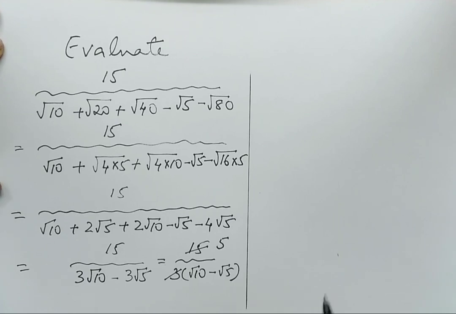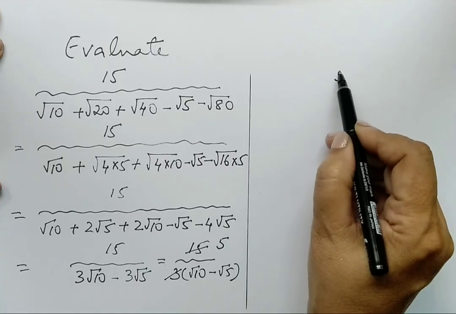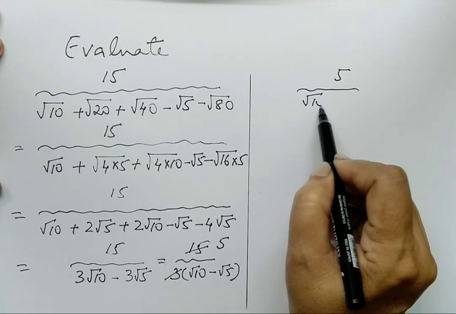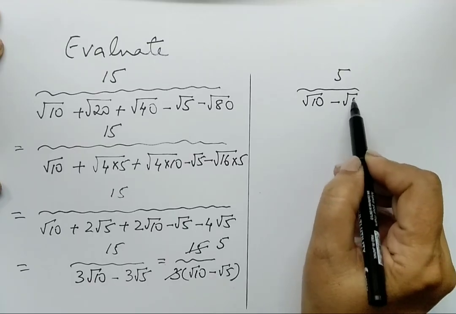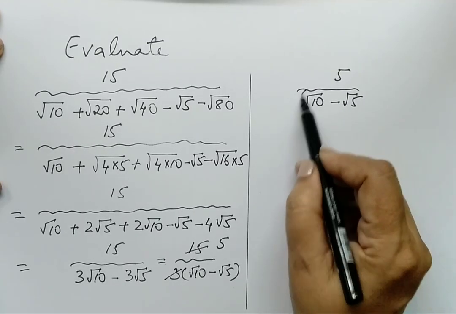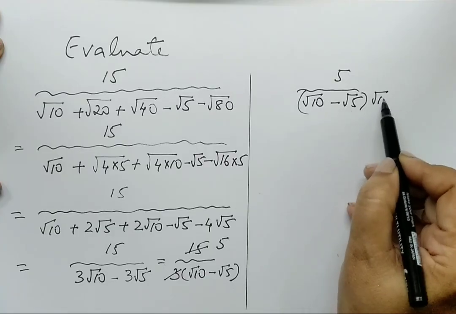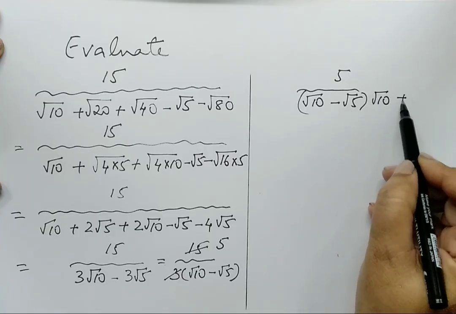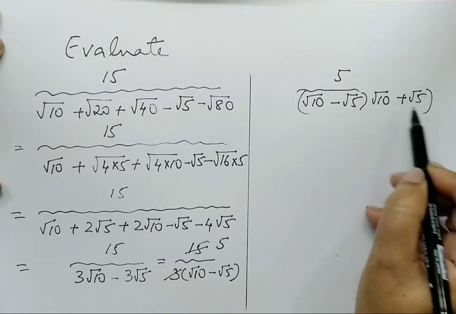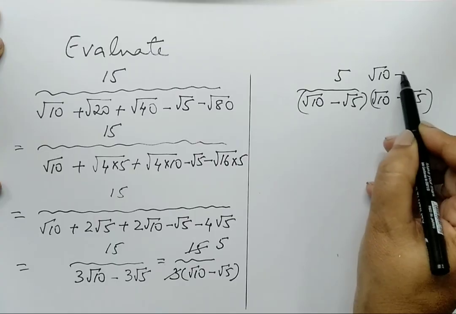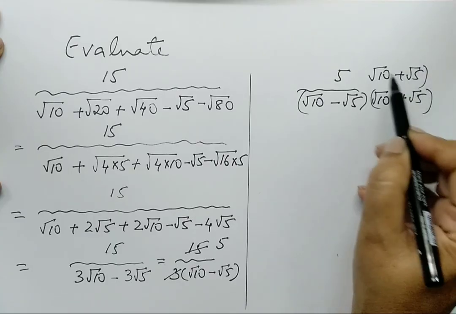So here we write 5 upon root 10 minus root 5. Clear? Conjugate of this would be positive root 10 plus root 5.